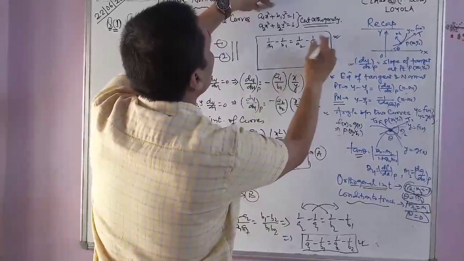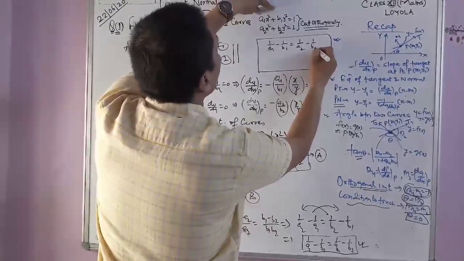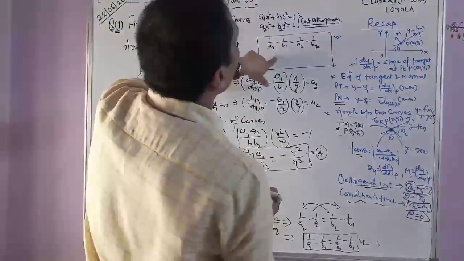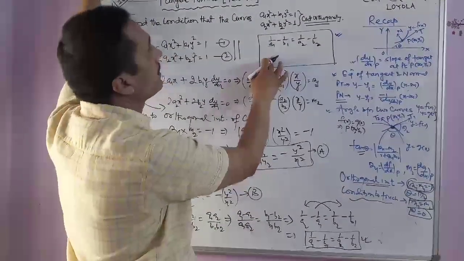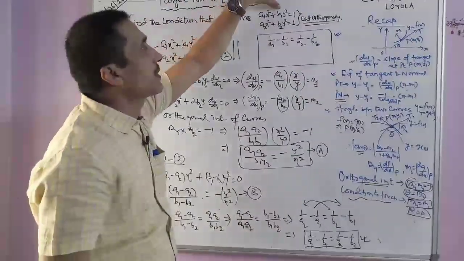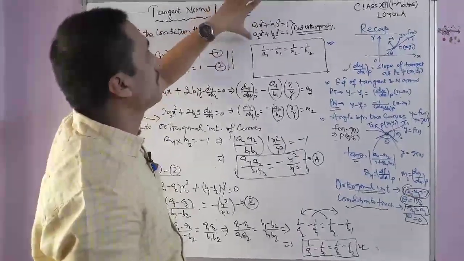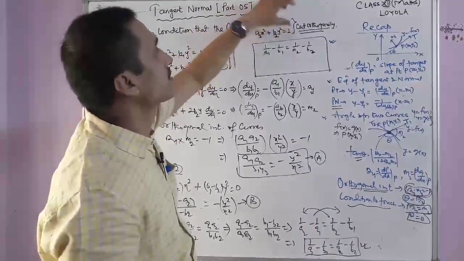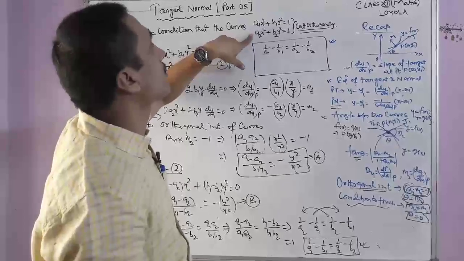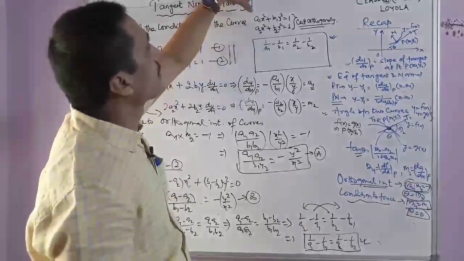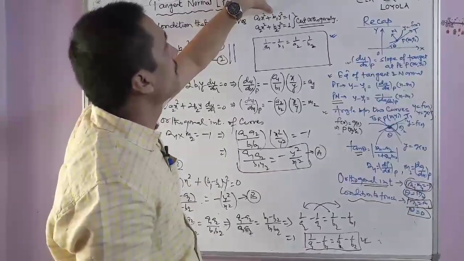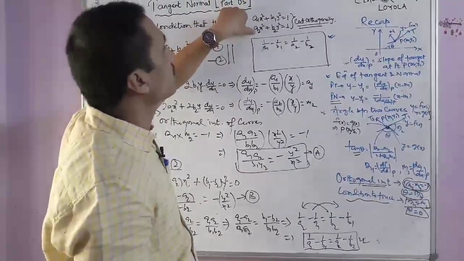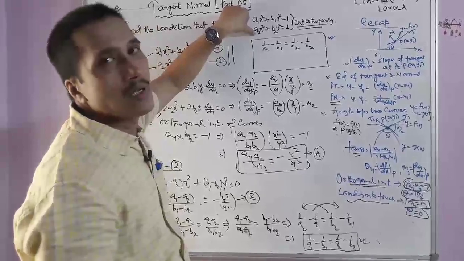We take this condition as a result from an objective point of view. For a1 x square plus b1 y square equal to 1, a2 x square plus b2 y square equal to 1, for orthogonal intersection, the condition is 1 upon a1 minus 1 upon b1 equal to 1 upon a2 minus 1 upon b2.